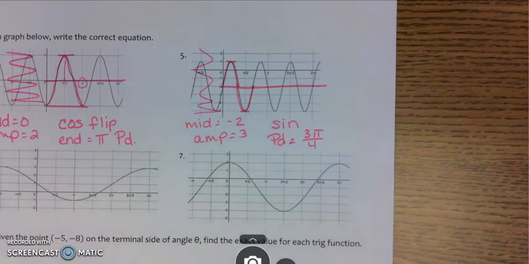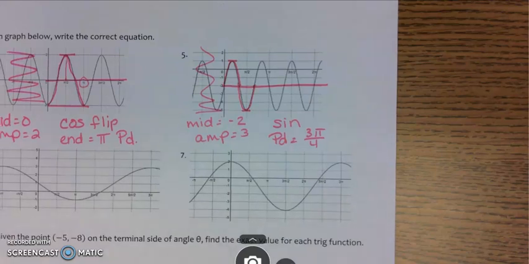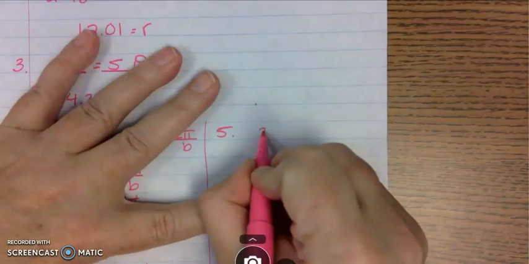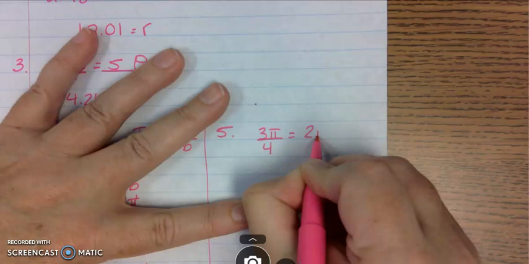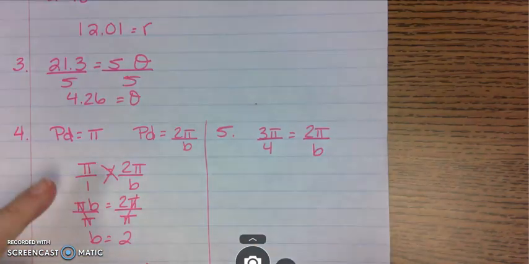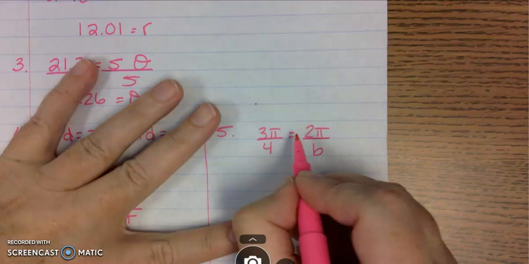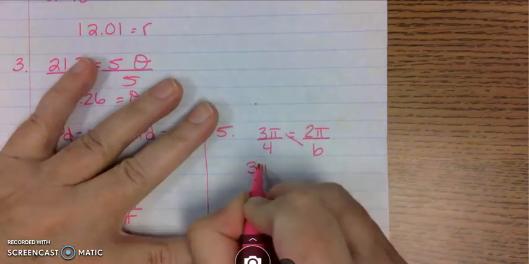So we're going to go with that value. Okay. So now we got to go find our b value. So number 5. So 3 pi over 4. And we're going to set it equal to 2 pi over b. So we're going to do just like we did on the last one. Cross multiply. 3 pi b equals 8 pi.